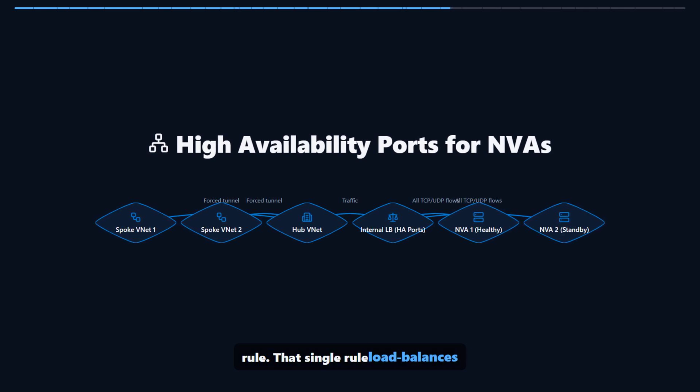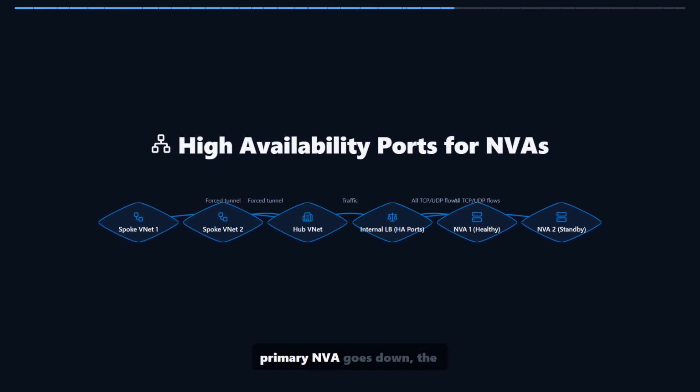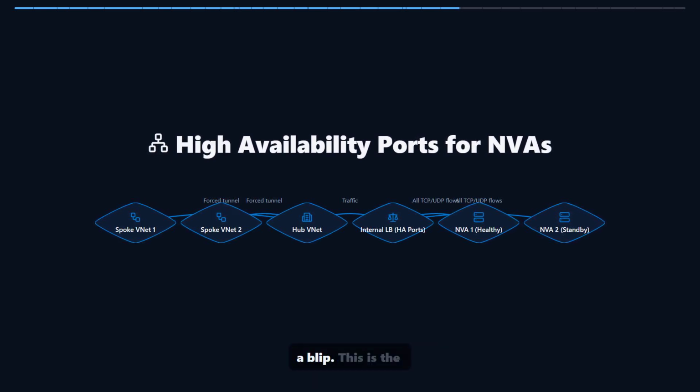That single rule load balances every TCP and UDP flow on every port through whichever firewall is healthy. If the primary NVA goes down, the health probe catches it, and the load balancer instantly shifts all flows to the standby. The spoke servers never see a blip. This is the architecture that keeps enterprise networks running while you sleep.